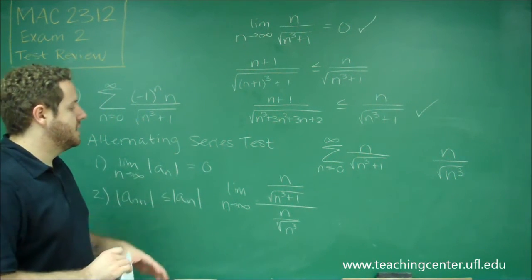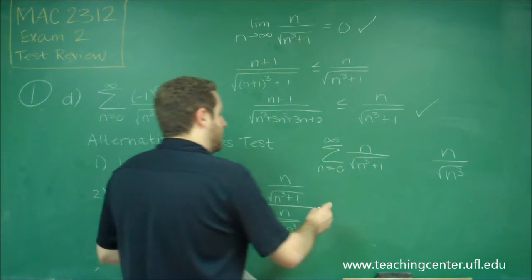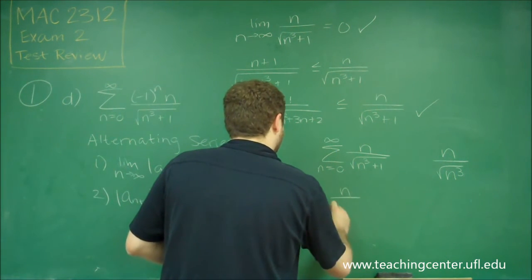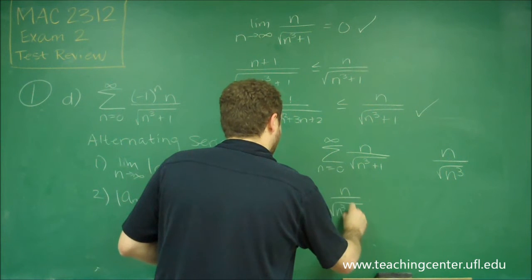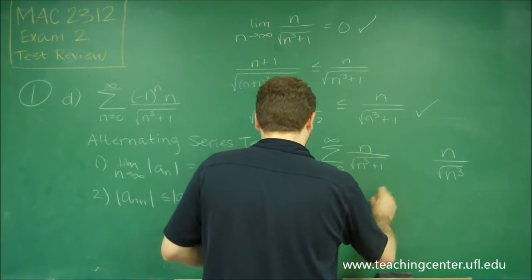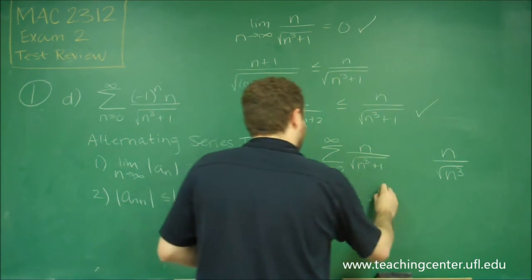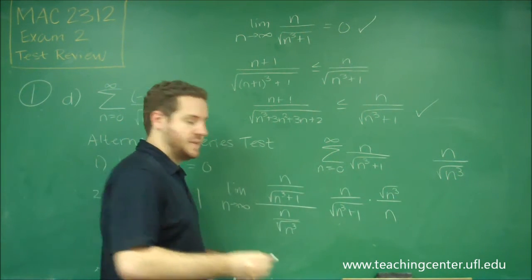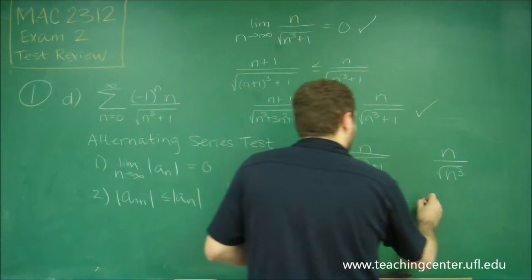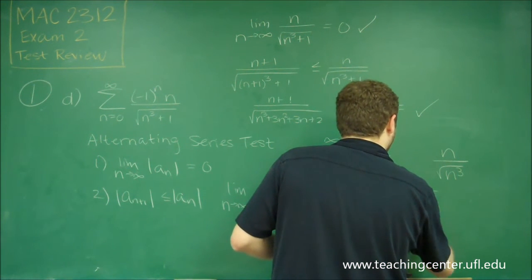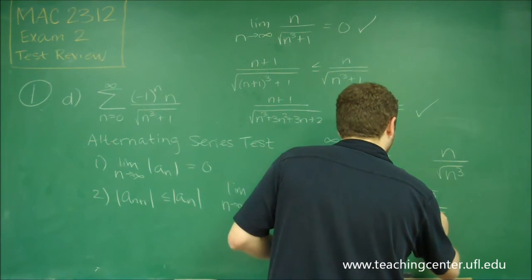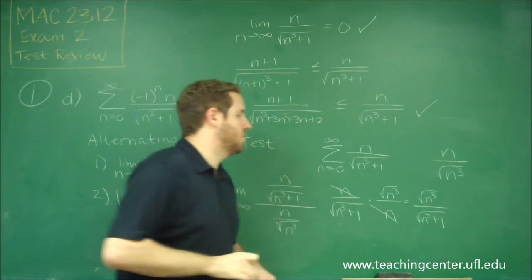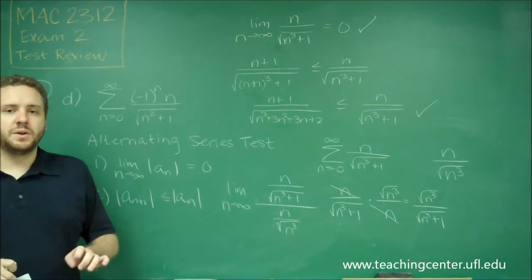So let's see what happens here. Instead of dividing, we can multiply by the reciprocal. So the reciprocal of this would be that. You can see here that these n's cancel out. And we just get square root of n cubed over square root of n cubed plus 1.